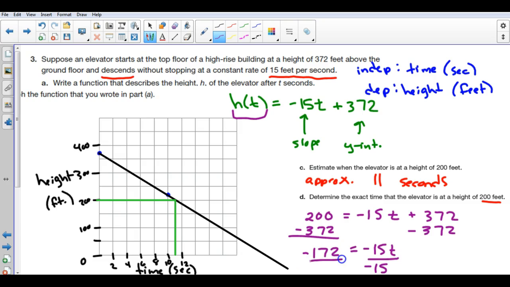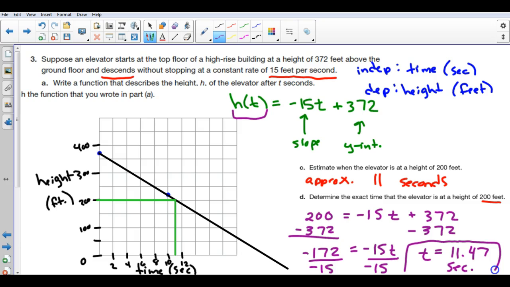If you divide both sides by negative 15, you have a negative divided by a negative, which means t is going to be positive. So negative 172 divided by negative 15 gives you a time of 11.47 seconds. Notice that our guess was 11 seconds, when in reality, if we use algebra, we get the exact answer, and the time ends up being 11.47 seconds.